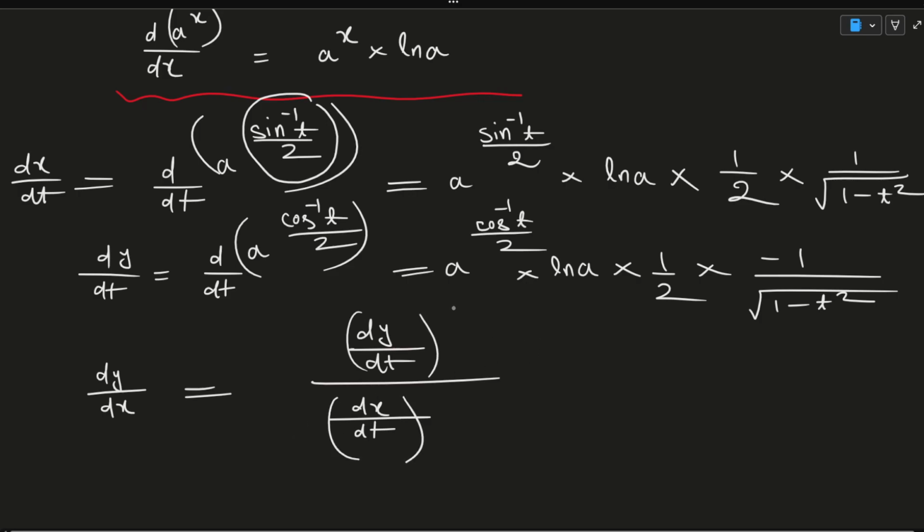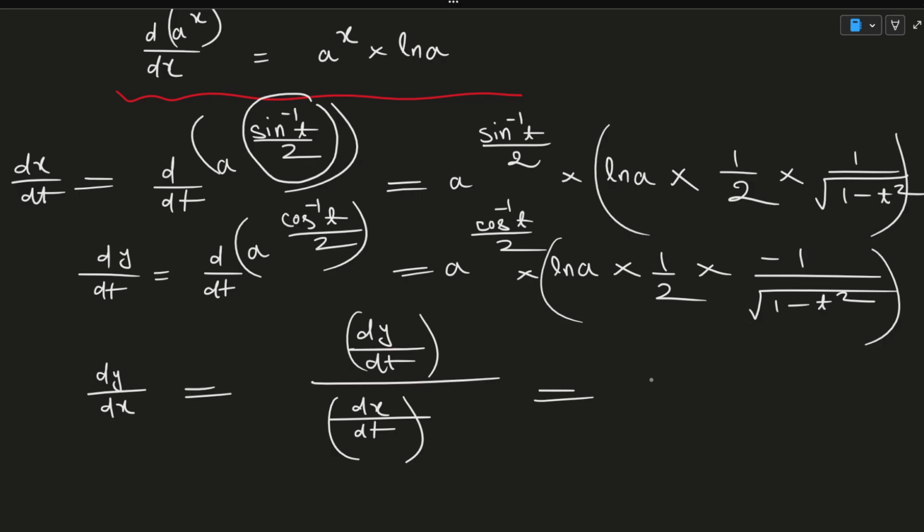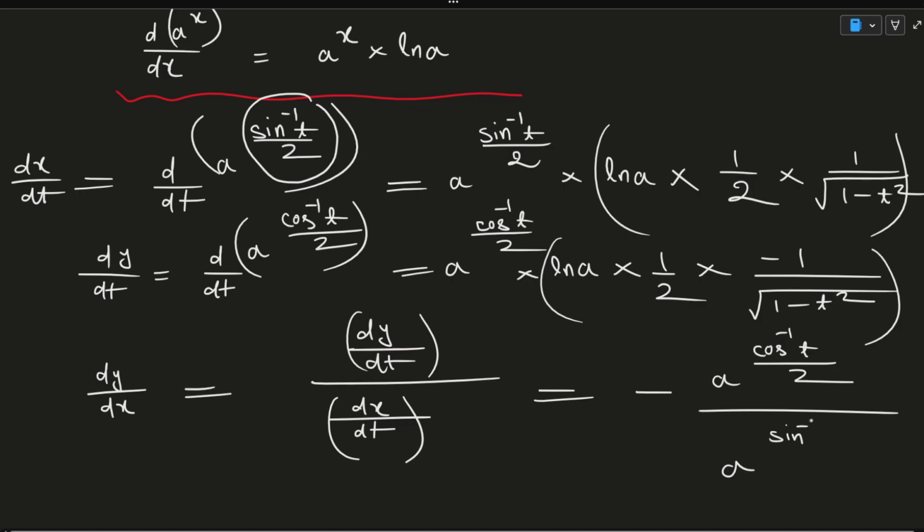So I will divide this one by this one, and the common terms will cancel out. So I will get minus a to the power cos inverse of t by 2 divided by a to the power sin inverse of t by 2.